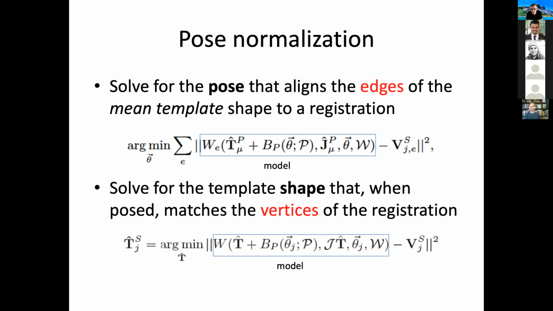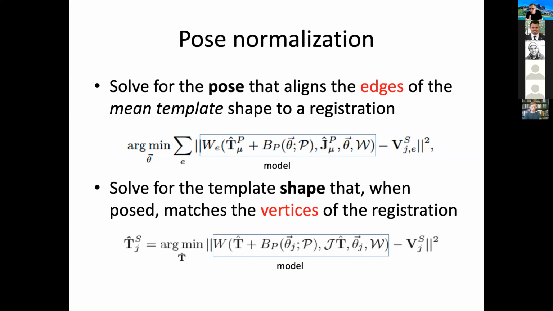Because we have the pose-dependent deformations B_P in here, which are a function of the pose of the body, and the joint regressor J, which is a function of the shape of the body. So obviously, you need this unposed. You need to unpose to learn the model in the first place, and you need the model to do the unposing. And so we're back in that chicken and egg problem I mentioned before. So you want to iterate this process or try and optimize it in a joint way.